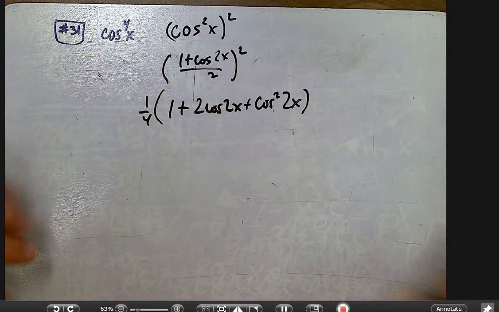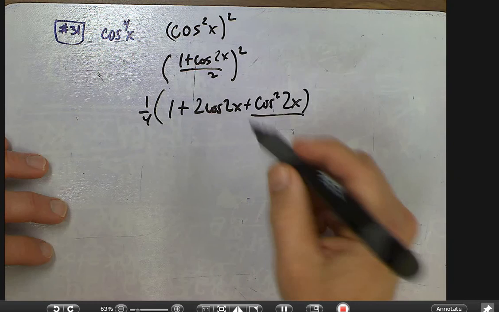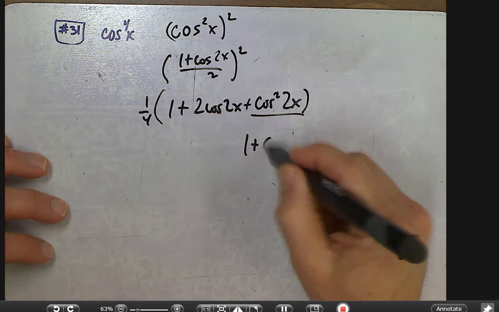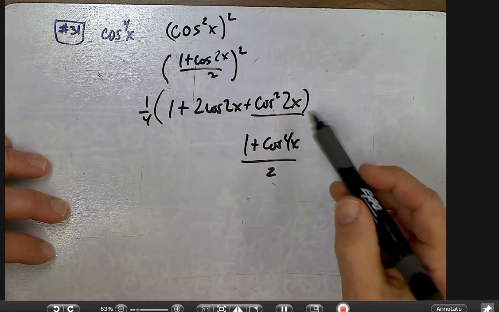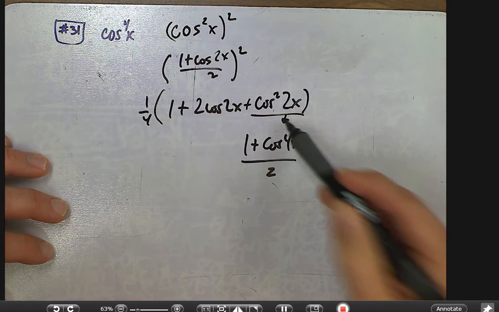I'm going to replace cosine squared of 2x with 1 plus the cosine of 4x divided by 2. And if you read your book, you'll be able to see how to get from there to there pretty easily.